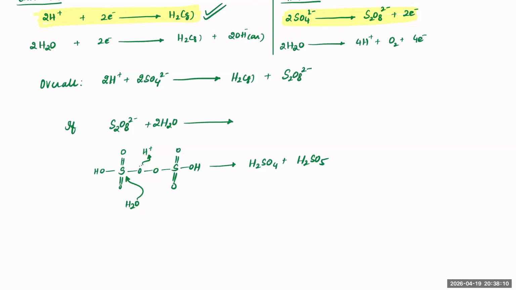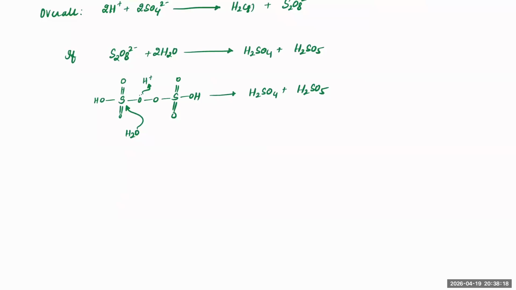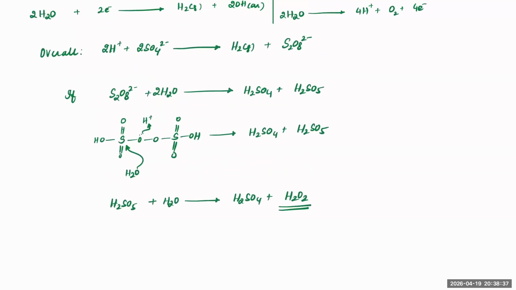That on hydrolysis will give you H2SO4 plus H2SO5. And now H2SO5, which is called peroxymonosulfuric acid, if you further hydrolyze, this will again become H2SO4 and H2O2. So that's how you can prepare peroxide also. Okay.